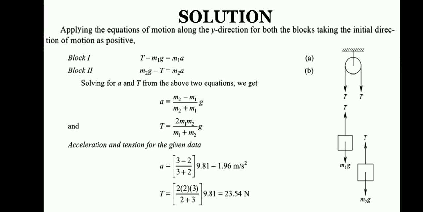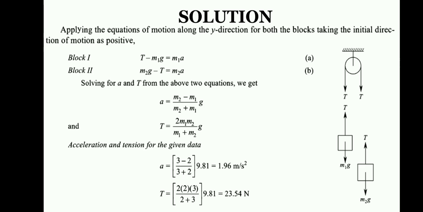First, checking the free body diagram of M1. The body M1 is moving with an acceleration a in the upward direction. The weight is in the downward direction in the case of M1. In the question they are giving mass, so W equal to mg, so W1 equal to m1 into g.